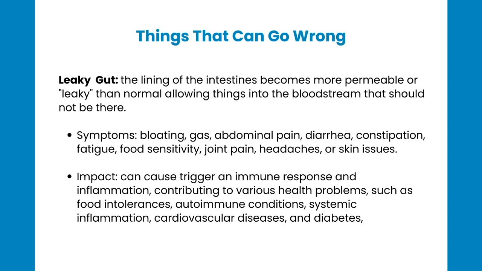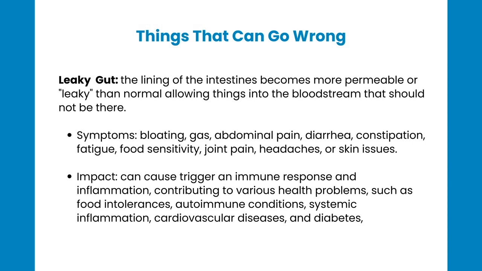You may have bloating, gas, abdominal pain, diarrhea, constipation, fatigue. There's a lot of things that you can have. And these are very common symptoms. So they can also be a problem for other issues with the gut. But the impact is that this can cause an immune response and inflammation.